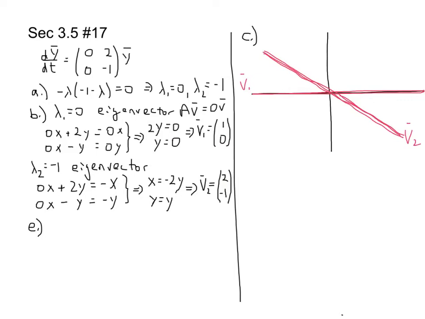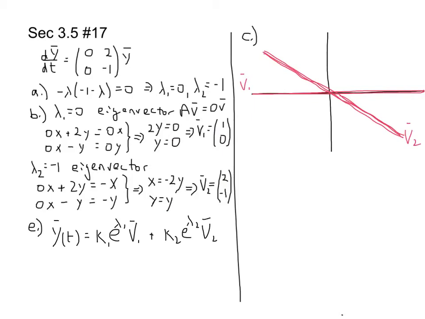When we look at our general solution, I'm going to jump ahead to part E and then come back and finish the phase portrait. We do our standard thing. We have k1 e to the lambda 1 t v1 plus k2 e to the lambda 2 t v2.